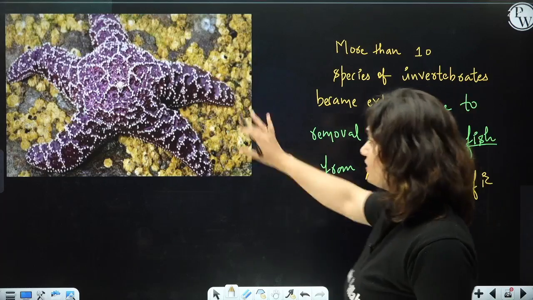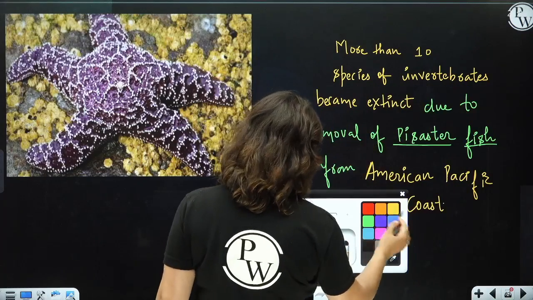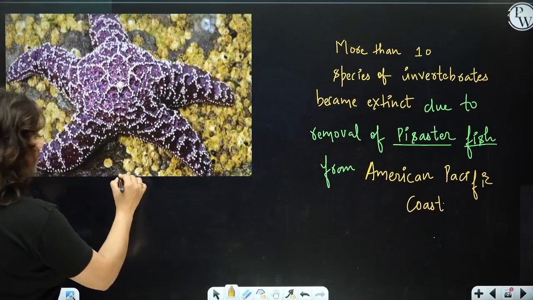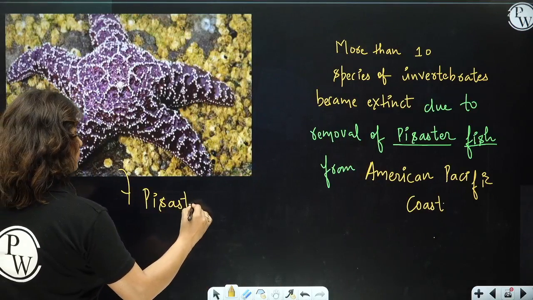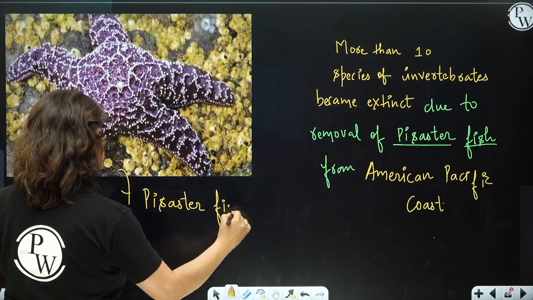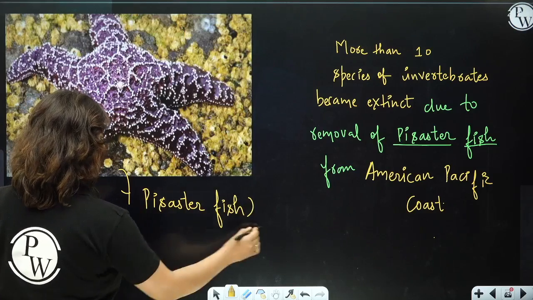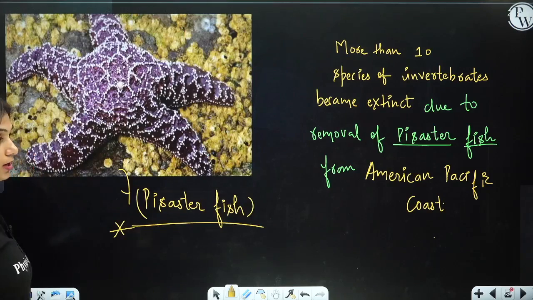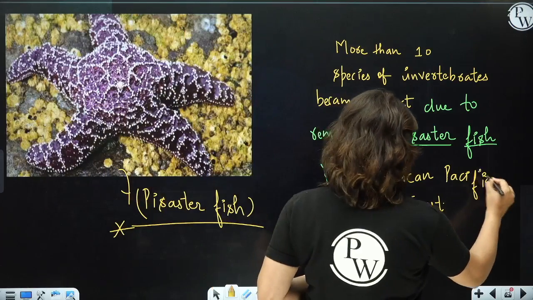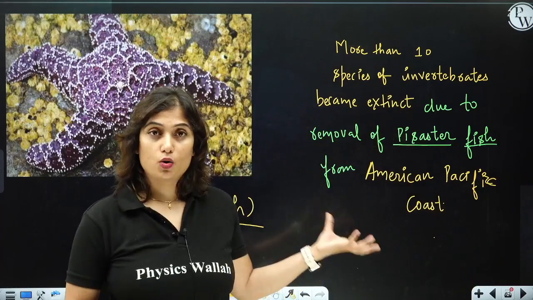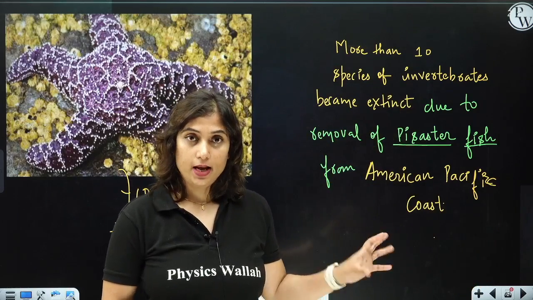Okay, so this is a very beautiful example. The diagram you can see here is a Pisaster fish. There was an experiment done on the American Pacific coast. What was done?